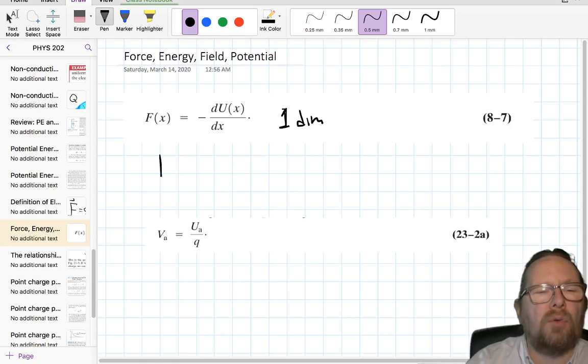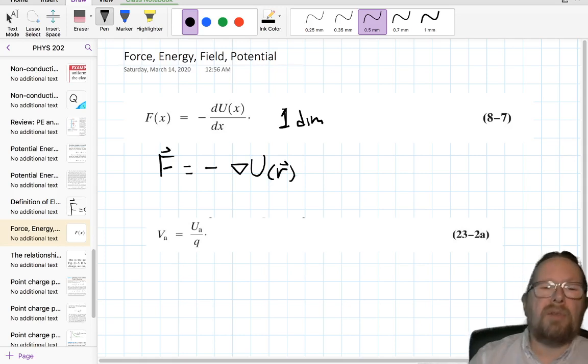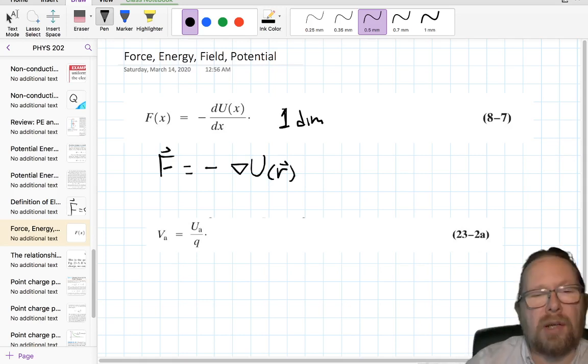In fact, for those of you who have taken or are taking Calc 3, it is worth knowing that the force is equal to the negative gradient of the potential as a function of position in three-dimensional space. If you haven't seen this upside-down triangle gradient symbol, you can just think of a gradient as a kind of three-dimensional derivative.